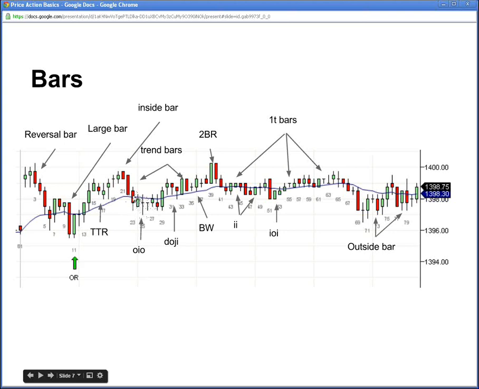So the inside bar creates a tiny trading range, and there's a breakout, and it fails, and that can make it move up. I mean, that can make it act like a reversal bar, and so on. There's IOIs, and all these are standard bars that you already know about.